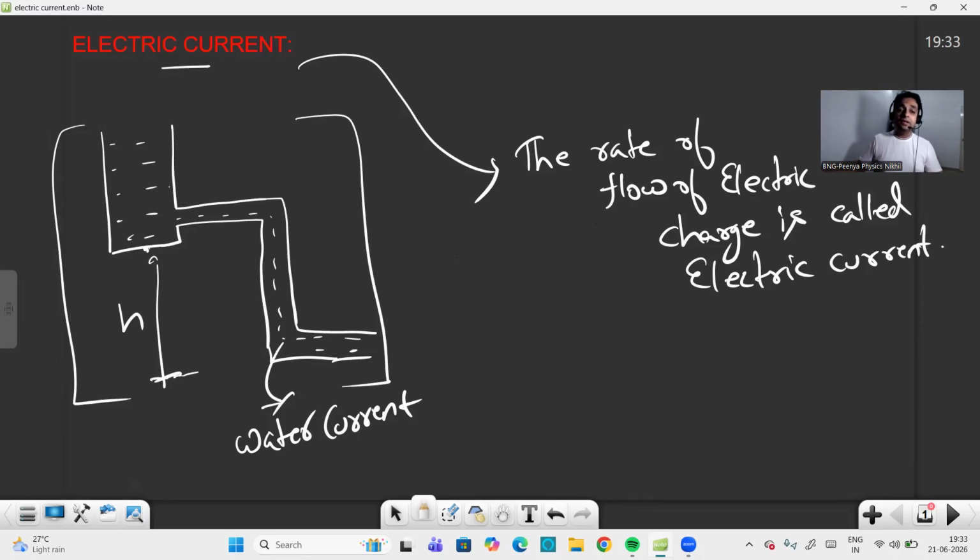So what happens inside a conductor? There are free electrons, which means the valence electrons, the outermost orbit electrons of the atoms of the conductor. They are not tightly bound to the nucleus, and they can move in the lattice from one point to another. As they can move, they can carry the charges from one point to another.